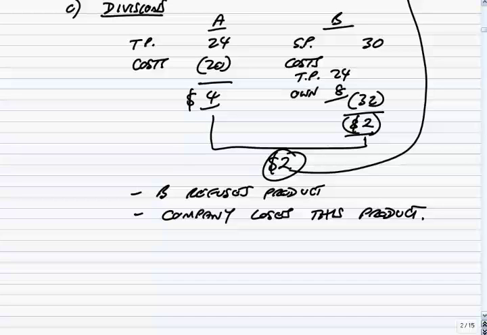Here, it was B that decided not to because the transfer price was so high. But equally, if the transfer price had been less than 20, if you'd had a transfer price of 18, A would have made a loss. And of course, A would then have refused.